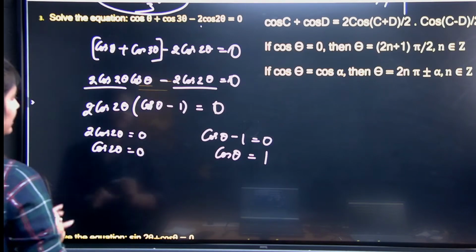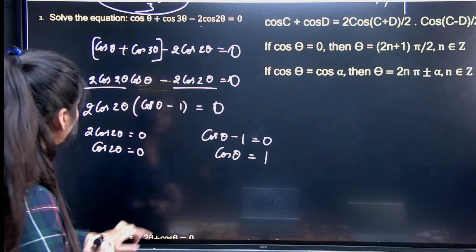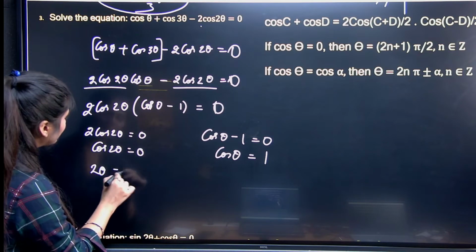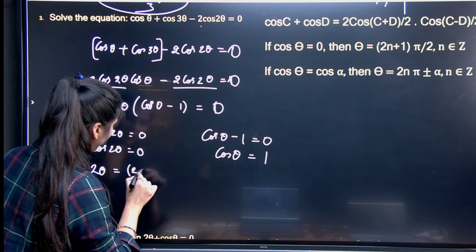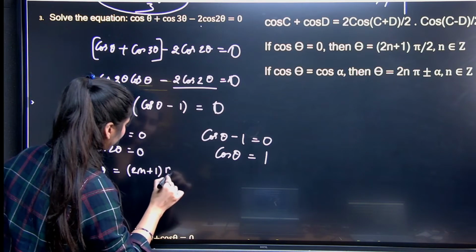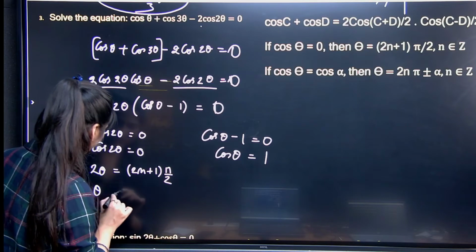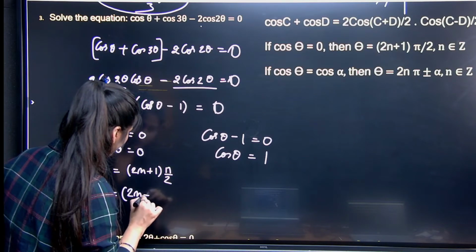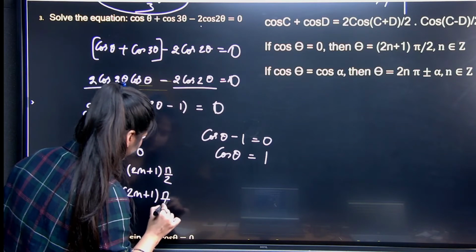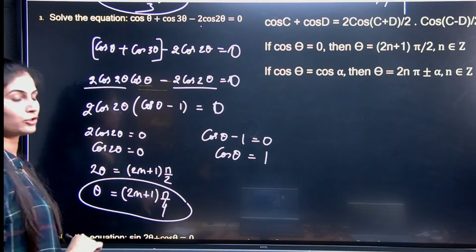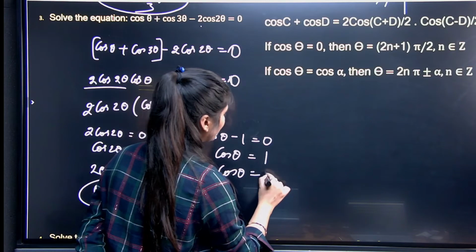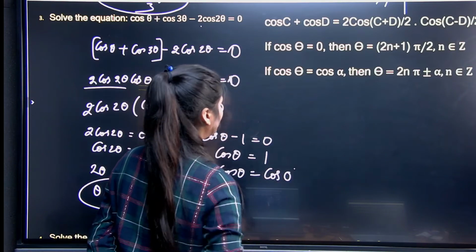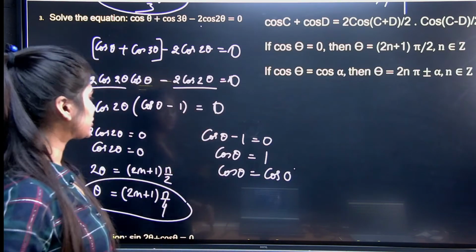Now it is cos 2 theta is equal to 0. Then 2 theta is equal to (2n plus 1) pi by 2. So it is theta is equal to (2n plus 1) pi by 4. So this is the first general solution of this question. Now in this question it is cos theta is equal to cos 0. Again we'll apply the general solution.